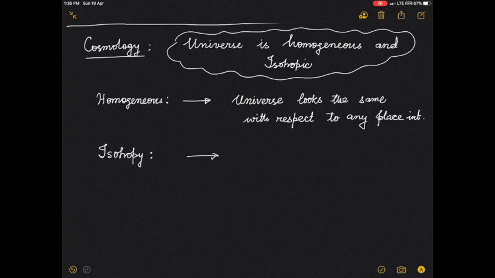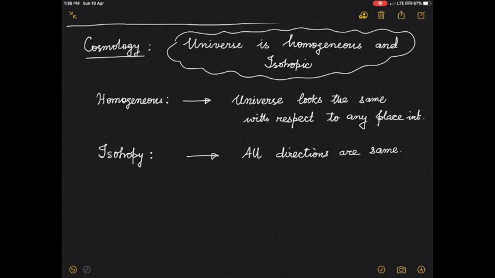What is isotropy? It means that all directions are the same. So whatever direction you look at and do Hubble's observation, if you divide your celestial hemisphere into different right ascension and declination regions and do Hubble's observation, you will again find the same Hubble's law.